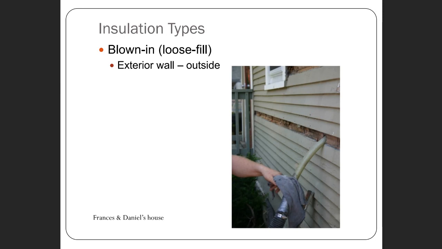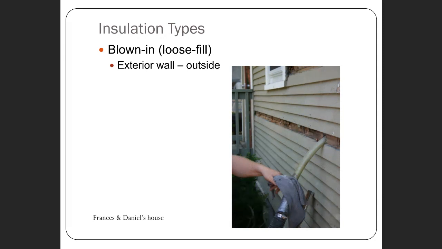Right, here's another application for loose fill insulation. This is our house. We insulated the walls in our house, I don't know, 5 or 6 years ago now. You see in this case we have an older bungalow with wood frame walls and wood siding.